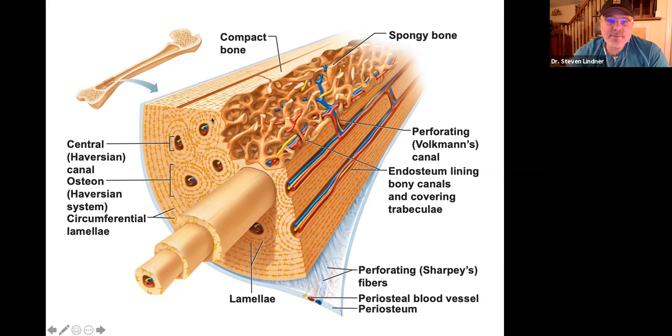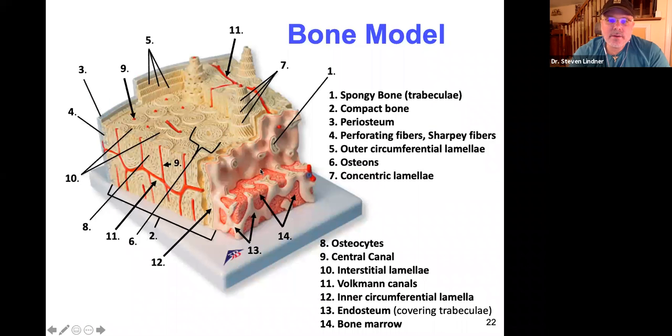Make sure you review the parts of the osteon. The periosteum is the outer layer. The endosteum is the innermost layer. That's where you have the spongy bone. Compact bone is more towards the periphery, right? More around the outside. You could see the concentric lamellae here.